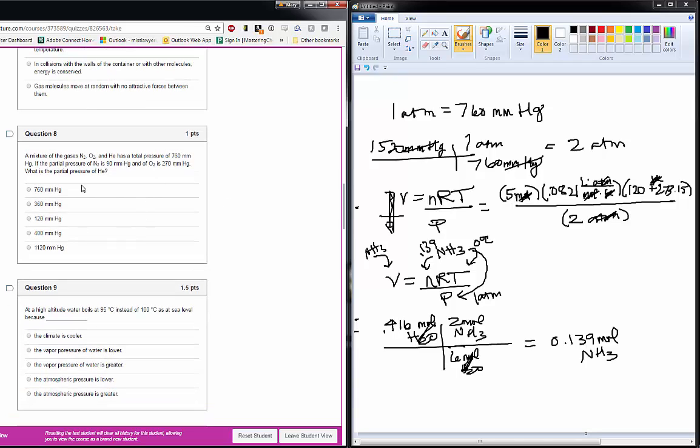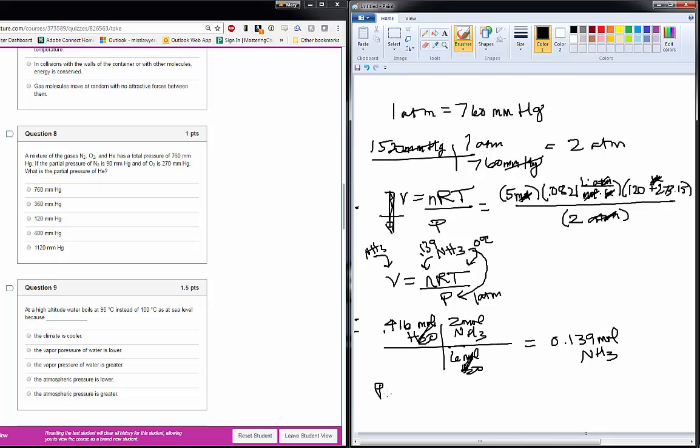Next, we've got a mixture of gases: nitrogen, oxygen, and helium. We've got a total pressure, and we're looking at several partial pressures, so we want to know what that is for the helium. Well, we know that the total pressure is the sum of the partial pressures.